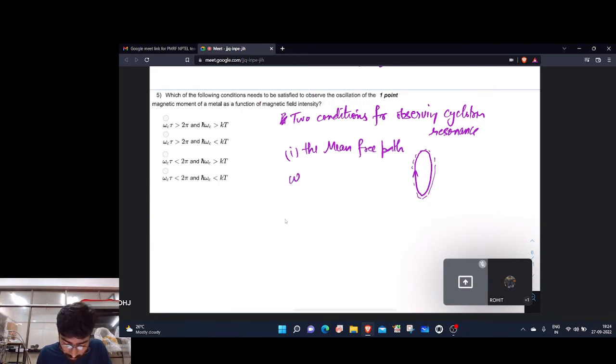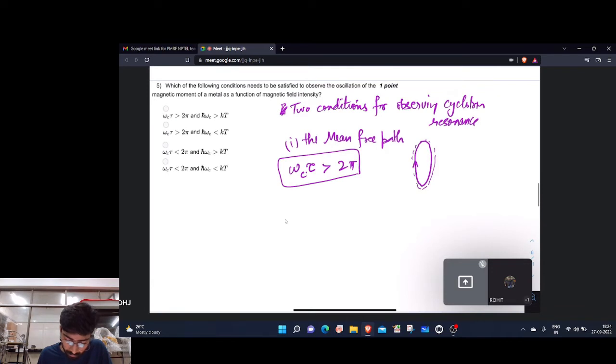If I multiply the lifetime between two collisions, that is tau, by the frequency, then omega c tau should be greater than 2 pi, which is the angle covered by the electron. This is the first condition to observe cyclotron resonance, because if it is not satisfied, the electron is not going to complete a full cycle.